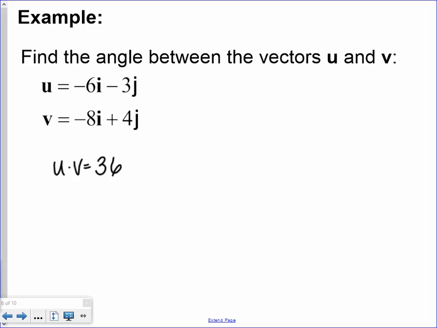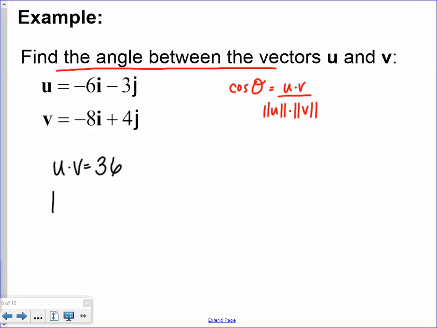In order to complete and find the angle, remember, pay attention to the direction. So we want to find the angle between the vectors. That tells me to use that formula we just copied down. The cosine of theta is equal to the dot product divided by the product of the magnitudes. So we have the dot product already as 36. Now we'd really like to know our magnitudes.